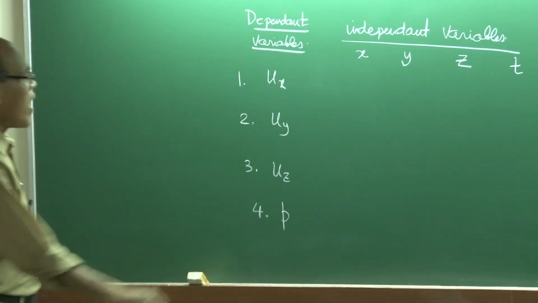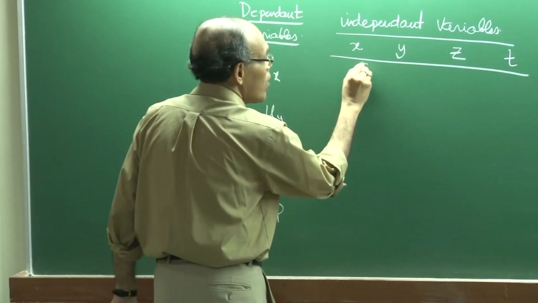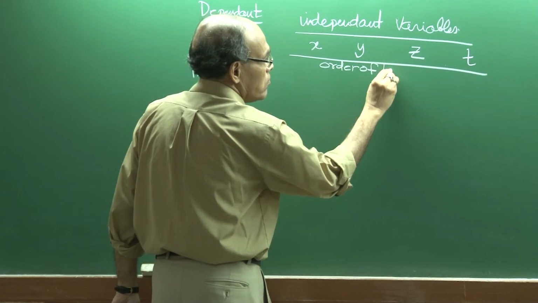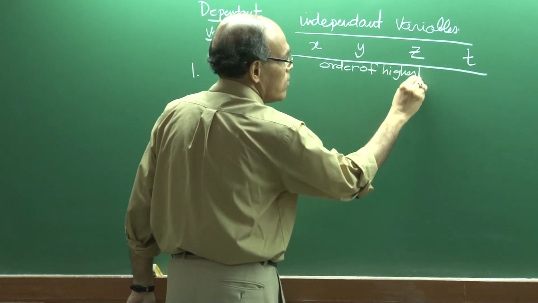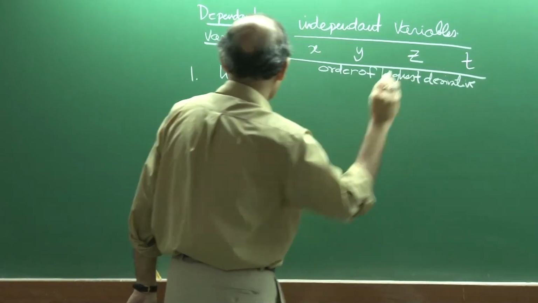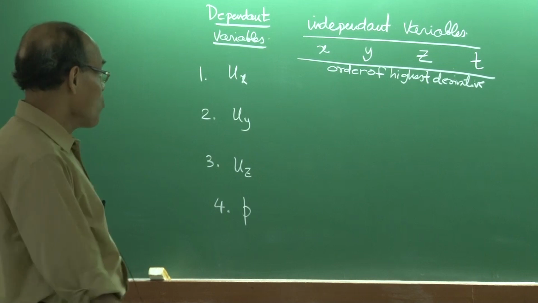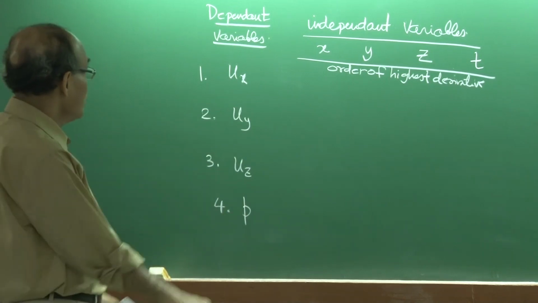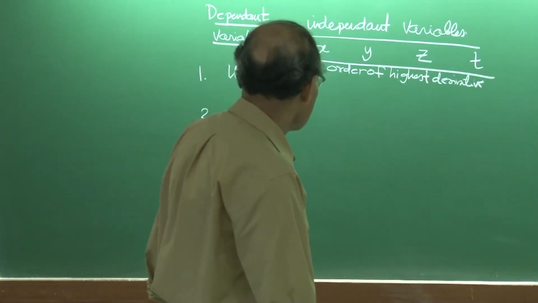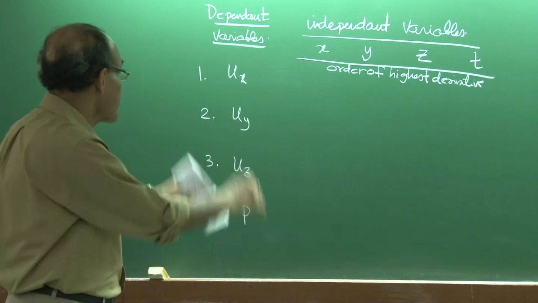What we are now going to write below this line is the order of the highest derivative. That is what we are going to list. It is actually a 12th class exercise, but I am doing it because you have been out of touch with maths for a long time. Metallurgists at least do not do much maths beyond their first or second year. So, that is why I am doing this exercise.